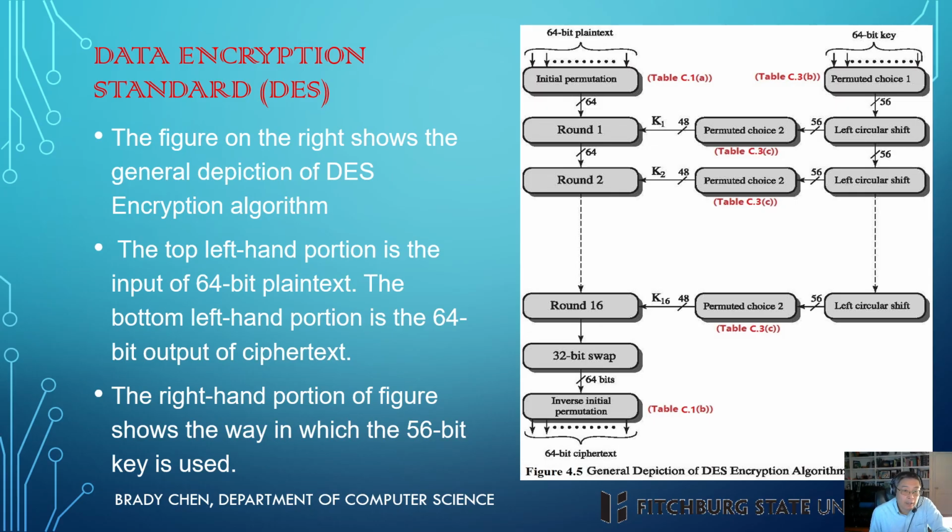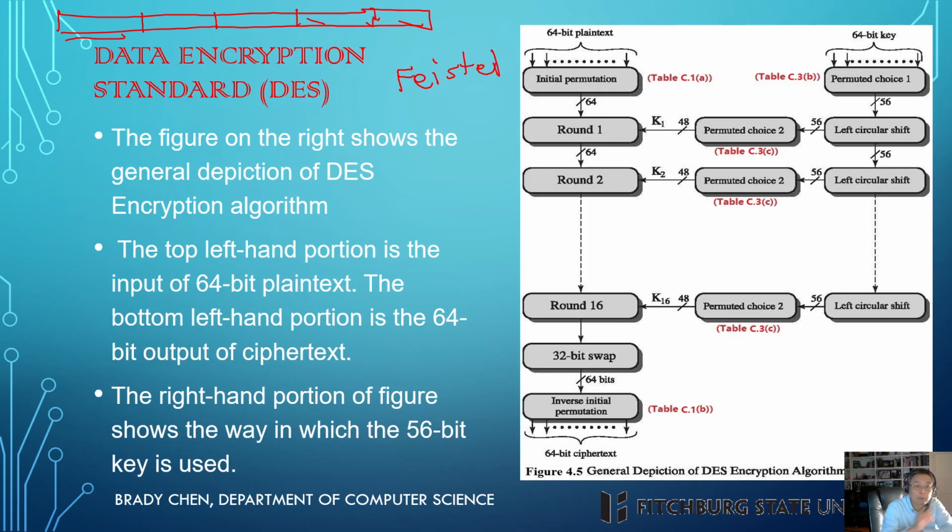The DES is a block cipher, which means that the plaintext will be divided into blocks of the same size. Here's the plaintext, and it will be divided into blocks of the same size. Now the DES uses a Feistel cipher structure, which divides each data block into two halves.